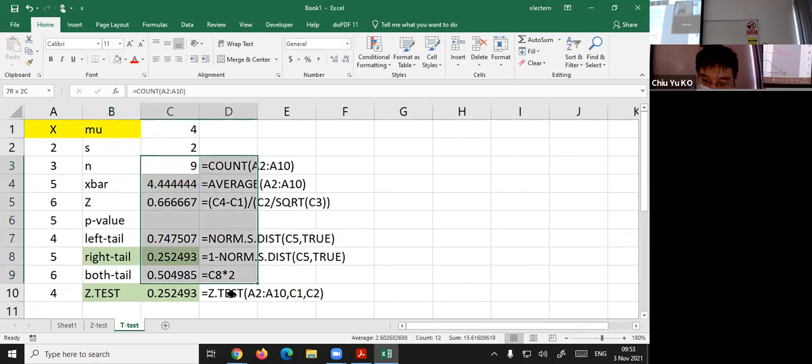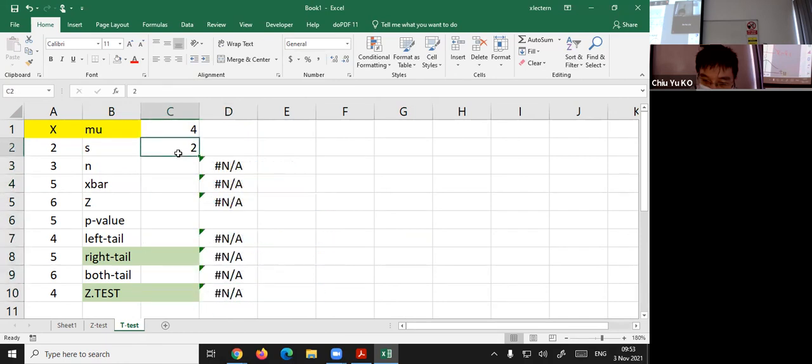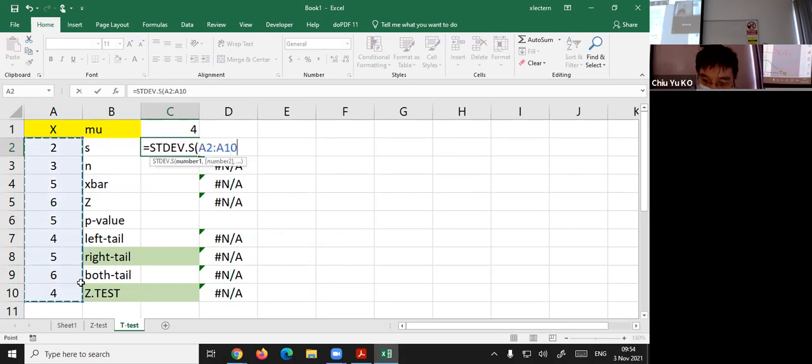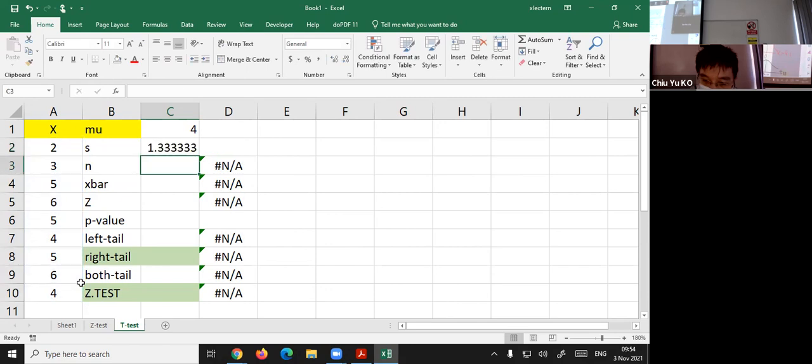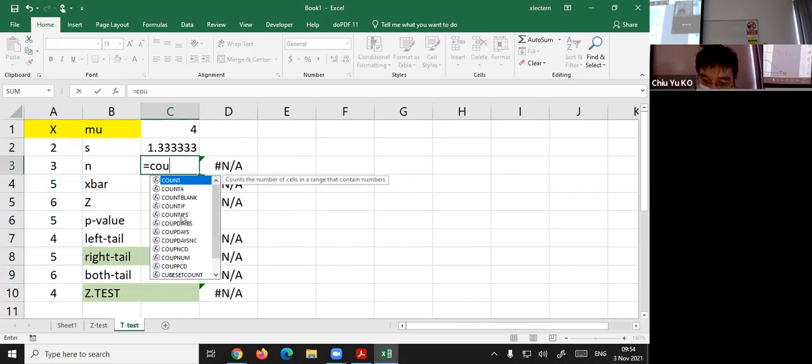Let me clear what we don't need here. So s will be something we need to calculate. s will be the sample standard deviation of this data. So this is an estimate, and it's just the same as we use the count.